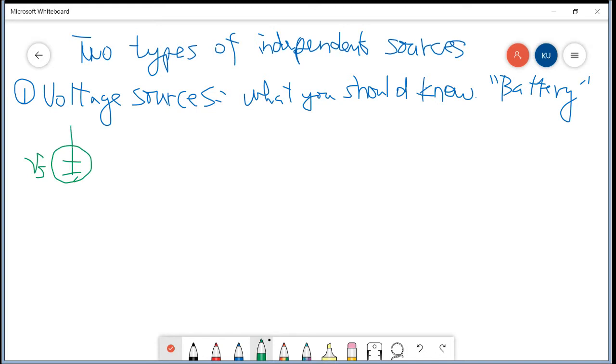In the circuit symbol, the minus sign and plus sign mean the two nodes have a voltage difference Vs, and this terminal is higher than this one. And usually for a battery there will be current going out, but not necessarily.